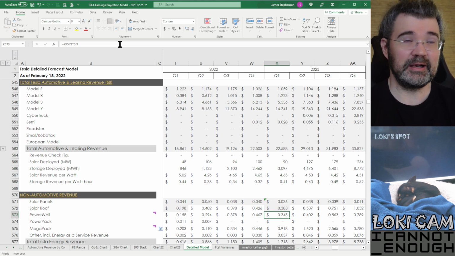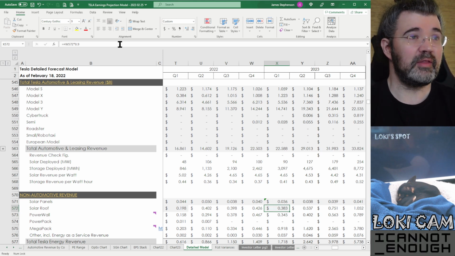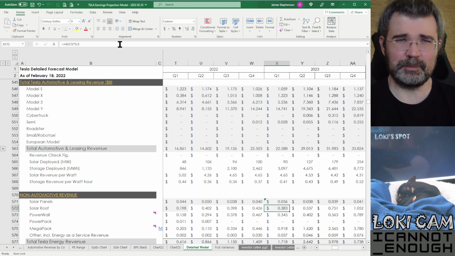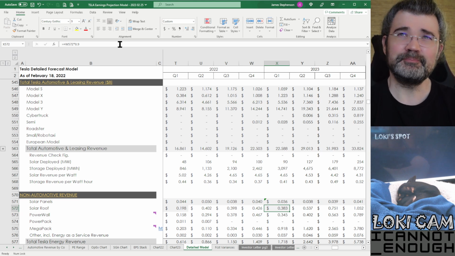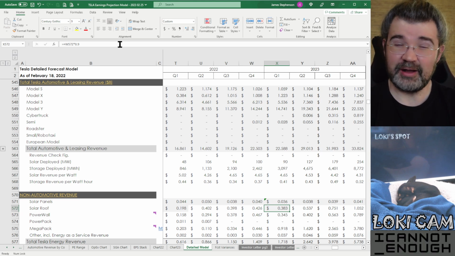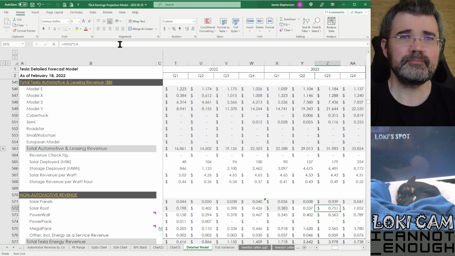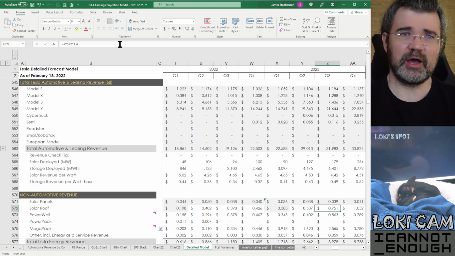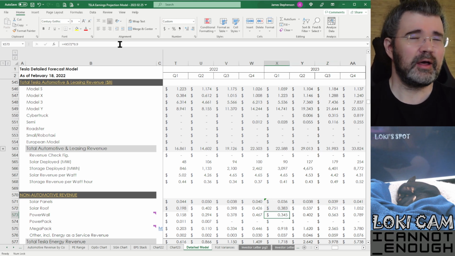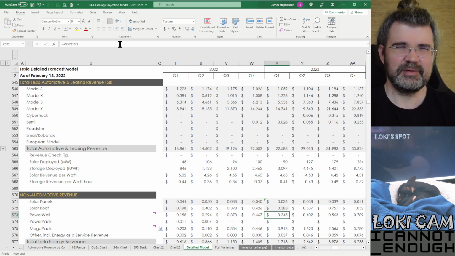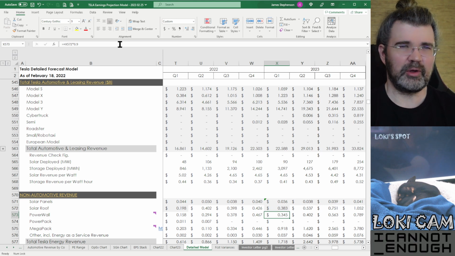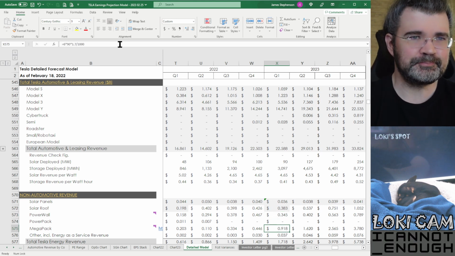They're bundling at least one Powerwall with every solar roof installation. That just makes the installation process more standardized. If there's always at least one Powerwall in the equation, it helps Tesla do more jobs faster when they require at least one Powerwall with every installation.